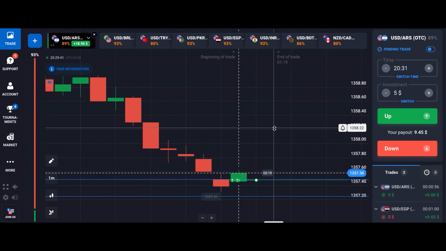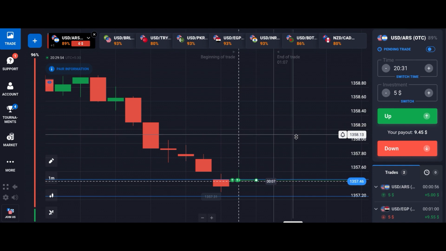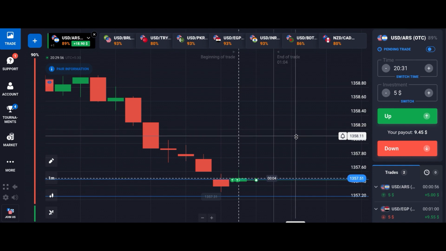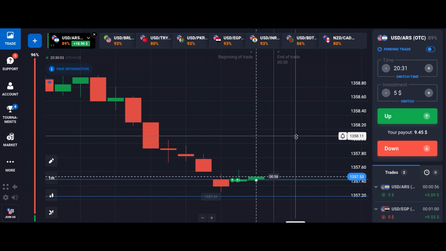So always use risk management. Don't use your whole capital in one trade because we don't know the volatility of the market. It can manipulate. It can do anything at any time. So if you lose your whole capital, then you can't recover your losses and all your capital will be lost.